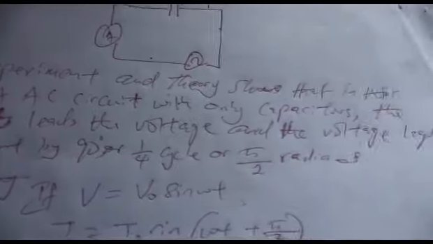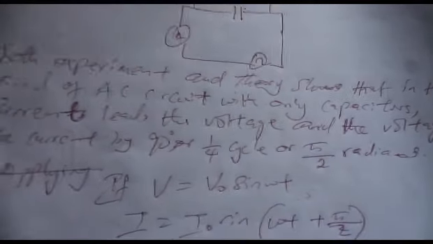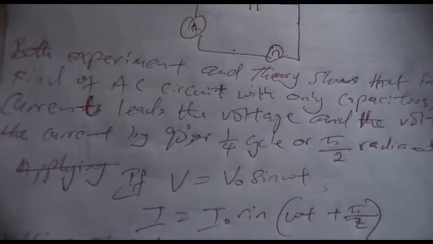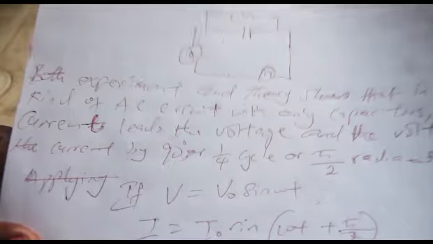Now here we said both experiment and theory show that in this kind of AC circuit with only capacitors, the current leads the voltage. Now it is a shame that I don't know how to prove to you from theory that current leads voltage.